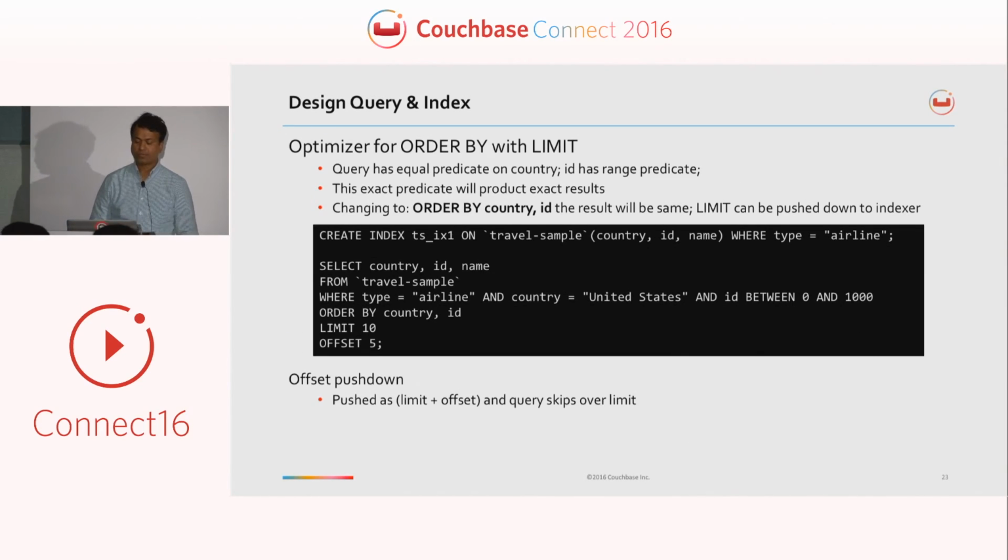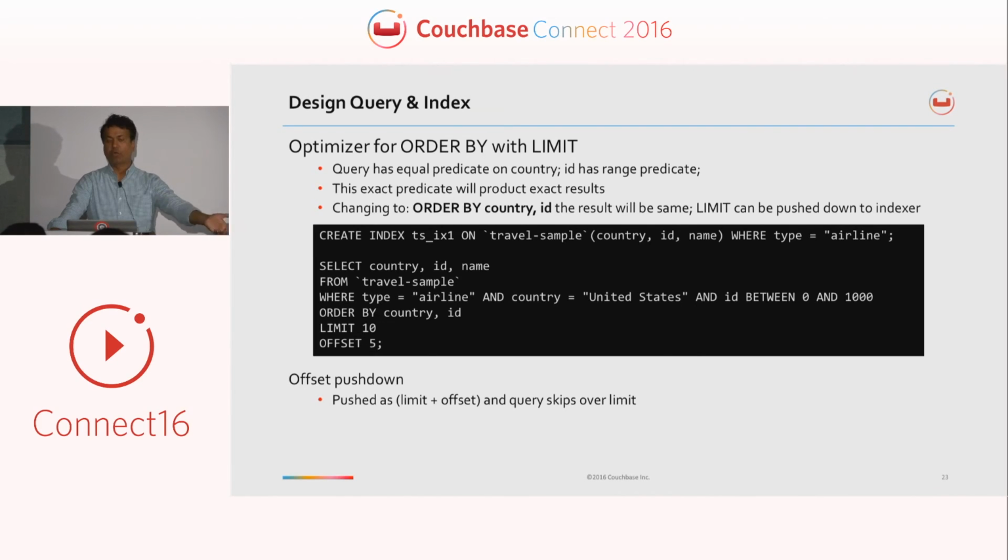Okay. So in this case, when we want the results by country and ID, the order by list, that is country and ID, matches the country and ID in the index, and we can exploit the index order.